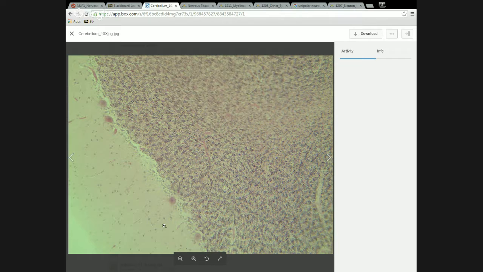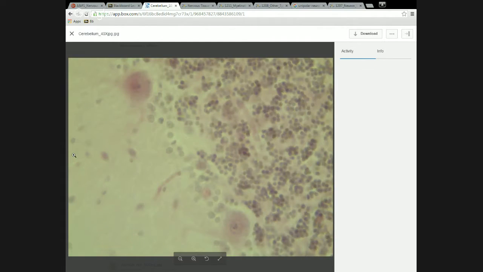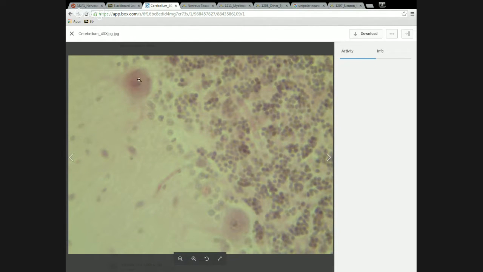We're going to zoom in and actually look at these 2 cells a little bit closer with the 40x objective. Now this one's a little bit fuzzy, but we can make out that it has a nucleus in the middle, and then we can see the darker color of the cytoplasm. You may not really make it out, but there's a hint of something sort of poking off this direction. This one we can see a little bit more clearly.